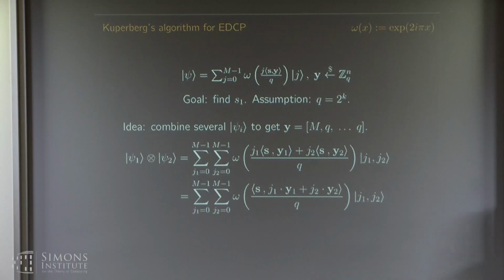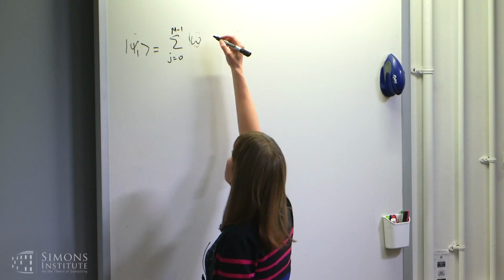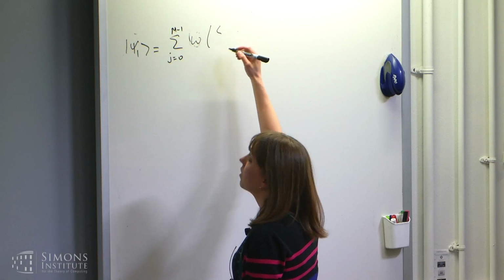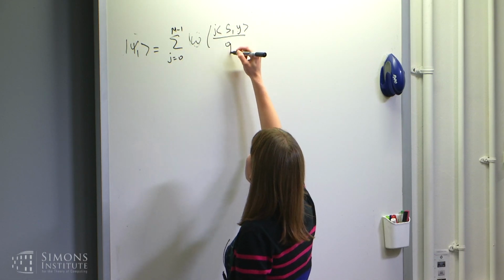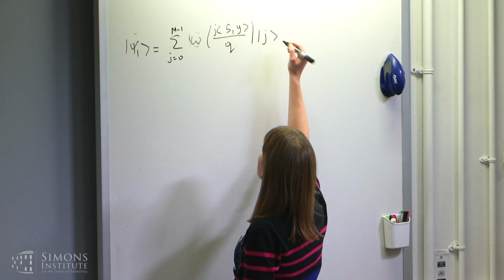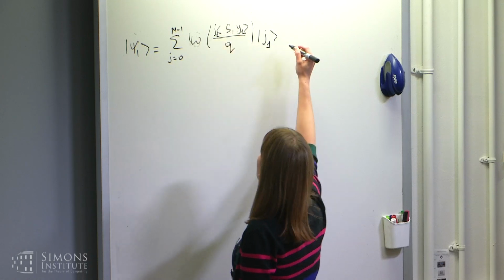So let's assume we had two states, with j from 0 to M minus 1. I call it j1, y1, and j1.